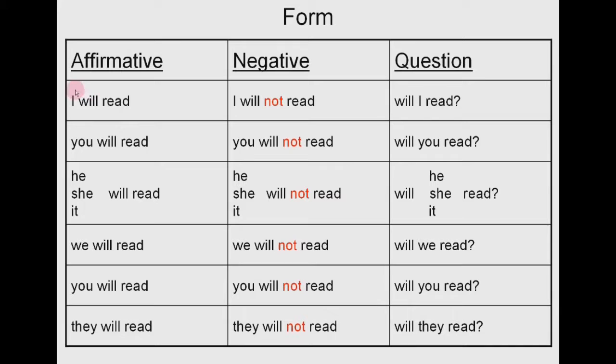So you can see in the affirmative, we go from I will read, and we swap the subject with the word will, which makes will I read. You will read, will you read? And we do the same for all of them. Okay.